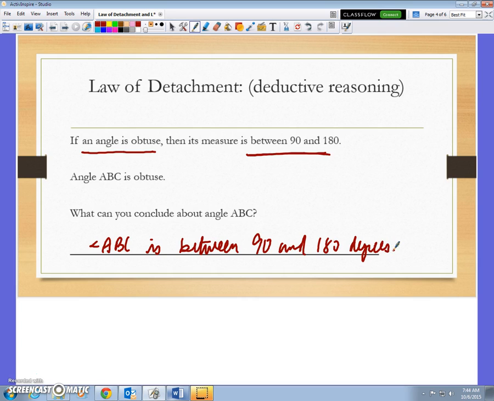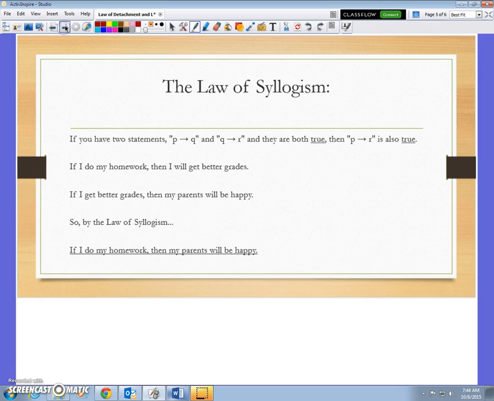This is called the law of detachment. If you have a true conditional and you're given a true hypothesis, then you know for sure that it will fit the conclusion of the conditional.